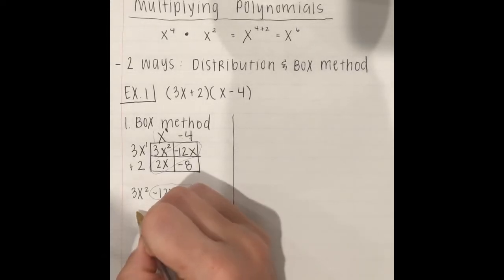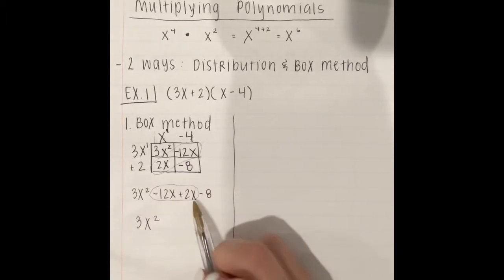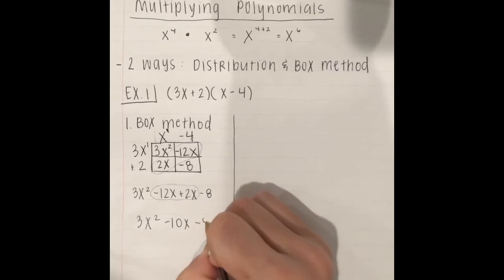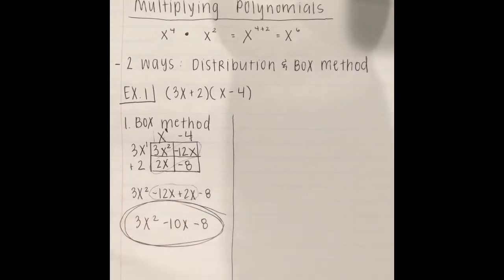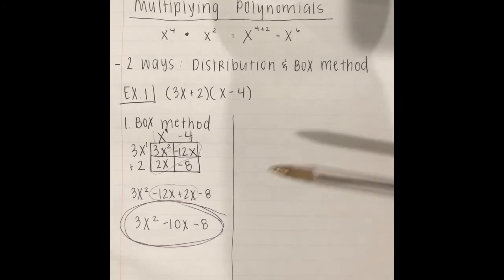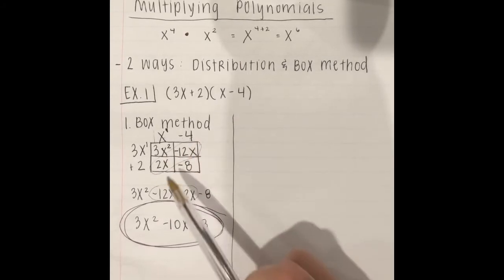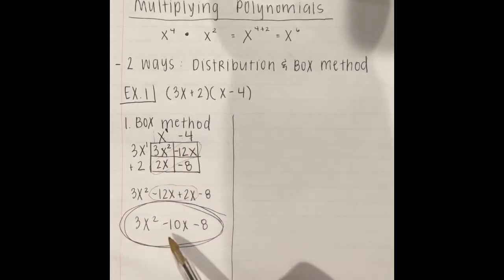So this gives us 3x squared. Negative 12x plus 2x is a negative 10x minus 8. And that is your answer. Okay? But like I said, you could also look at the diagonal and see the like terms there. And you could have already gone ahead and said 3x squared, combined those to get negative 10x, then brought down your negative 8.